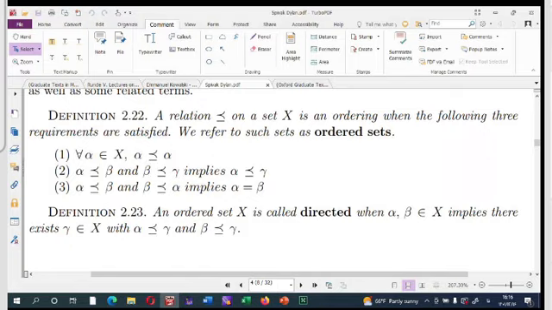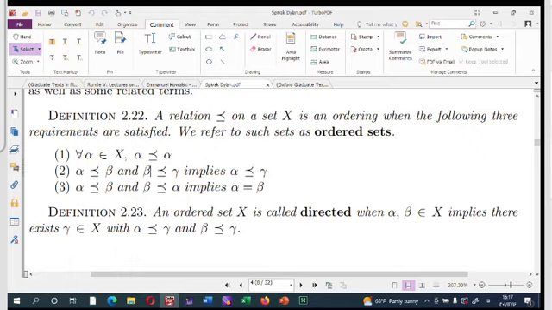Any alpha in real numbers has this property: alpha is less than or equal to alpha. If alpha is less than or equal to beta and beta is less than or equal to gamma, then alpha is less than or equal to gamma.